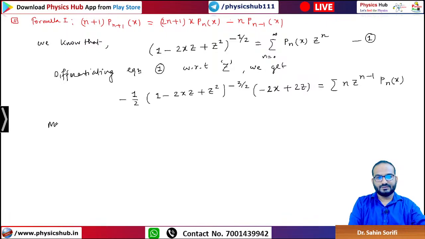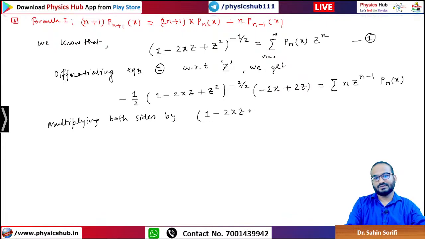Now multiplying both sides by 1 minus 2xz plus z squared. We have minus 3 by 2, and we know about minus half, so if you multiply with 1 minus 2xz plus z squared, that will become minus half again. That is why we are doing this.